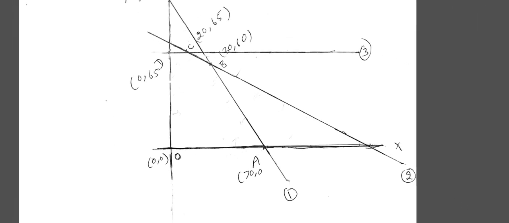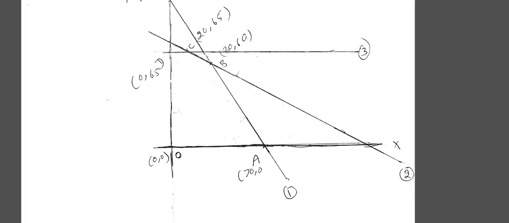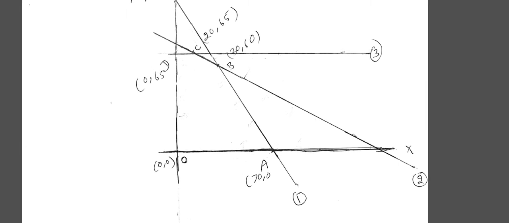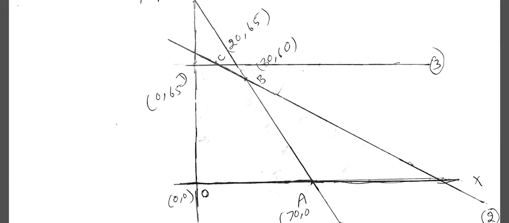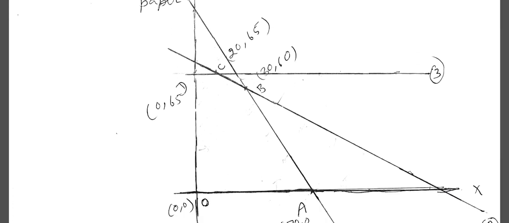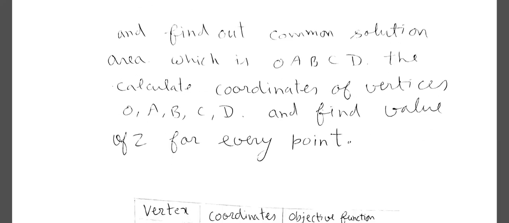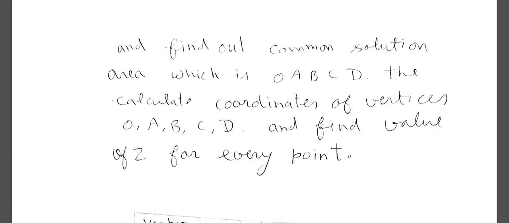So here is the graph of these lines. We draw these 3 lines and mark number 1, 2 and 3. Now we find the common solution area.